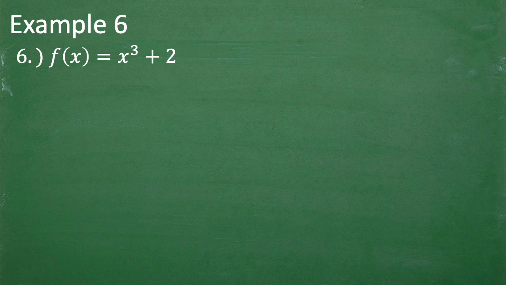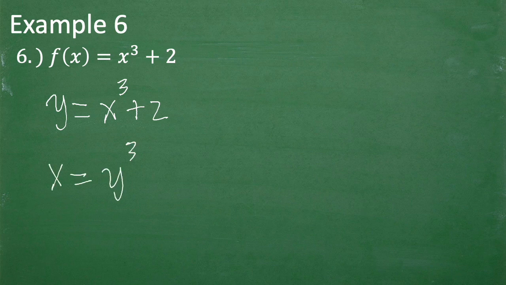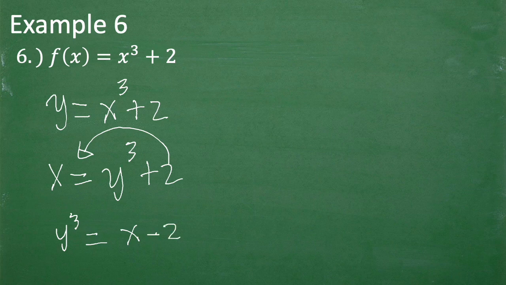Okay, so for number 6, we have f of x equals x cubed plus 2. So change f of x into y equals x cubed plus 2. And then interchange y and x. We have x equals y cubed plus 2. And then simply transfer this number to the other side, and let's rearrange this. y cubed equals x minus 2.